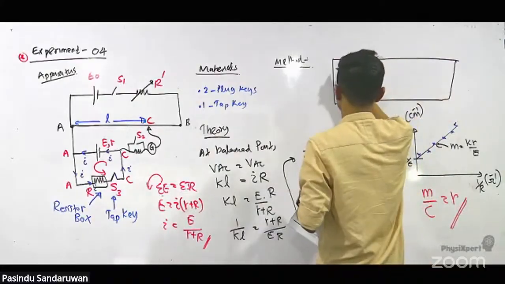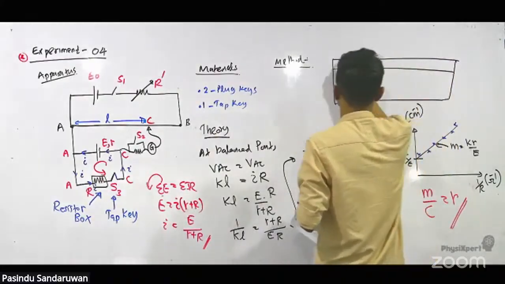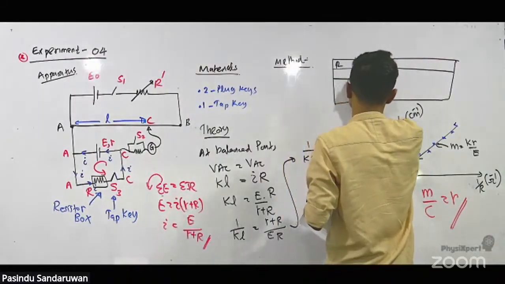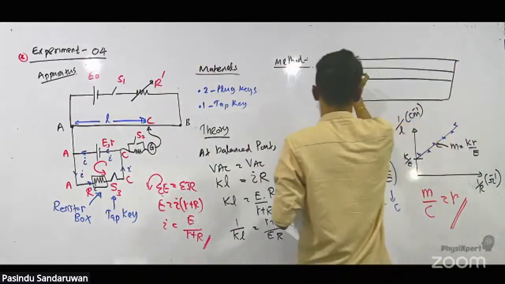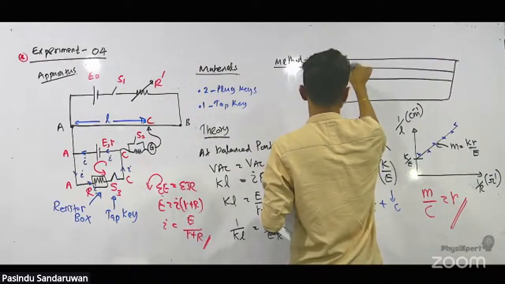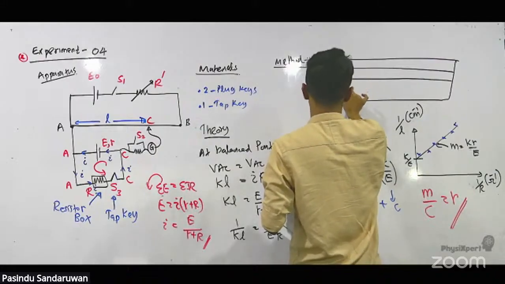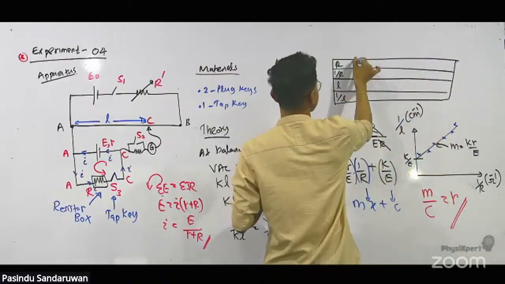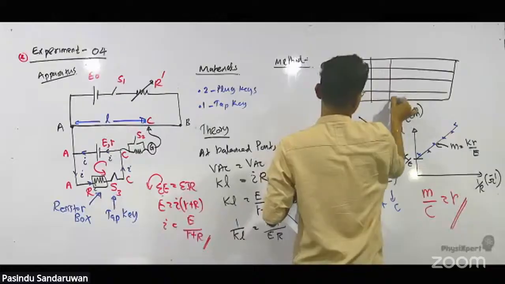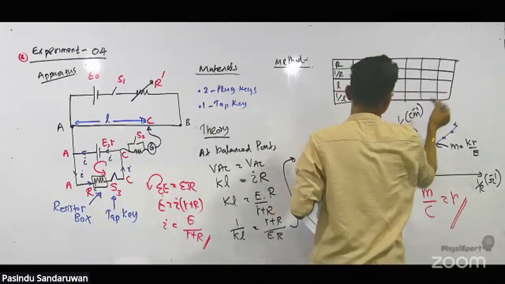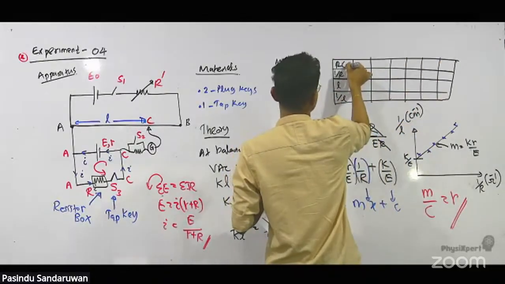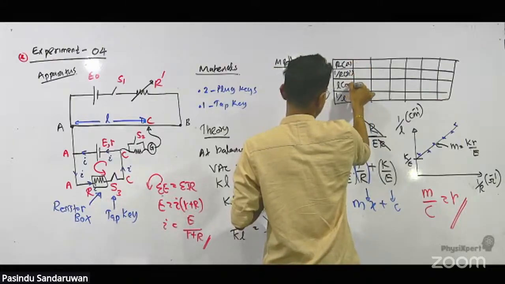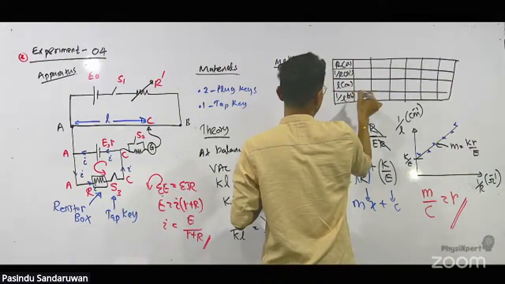By changing R, L changes, so we need R, 1 over R and 1 over L. This is in ohms, this is per ohm, per centimeter.